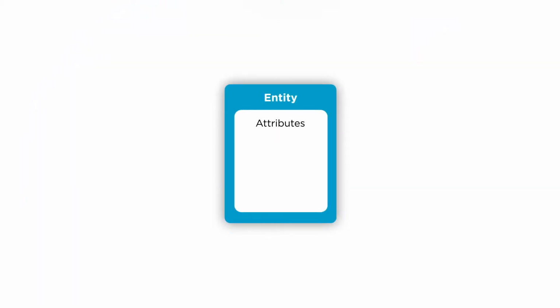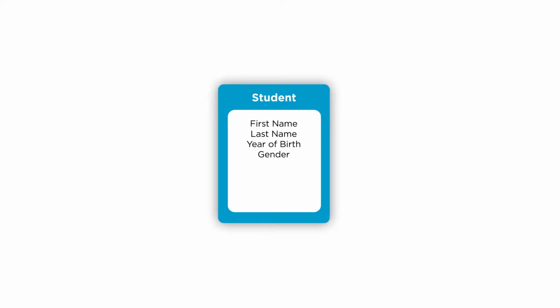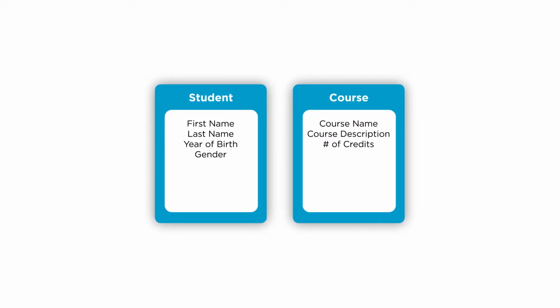All these are examples of entities. In the entity relationship model, each entity is described by a set of attributes. So for example, the student entity might have first name, last name, year of birth, and gender. These are the attributes that we have for the student entity. Then a course may have a course name, course description, credits, and potentially other details.